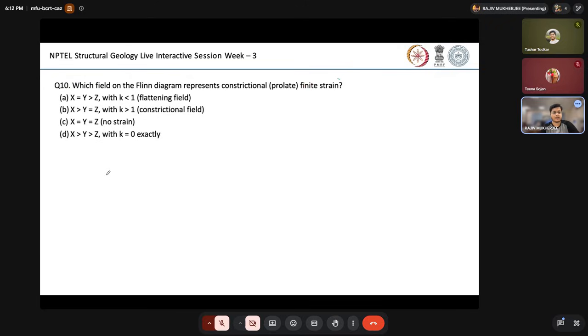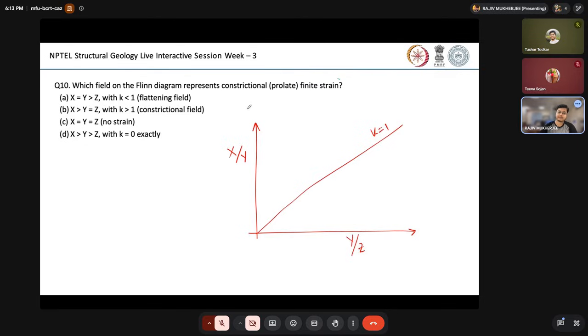Question number 10 is already being answered in the last slide. So if I draw a Flynn diagram in a very simplistic way, this will be the x by y ratio and this will be the y by z ratio, and this line will represent k equal to 1.